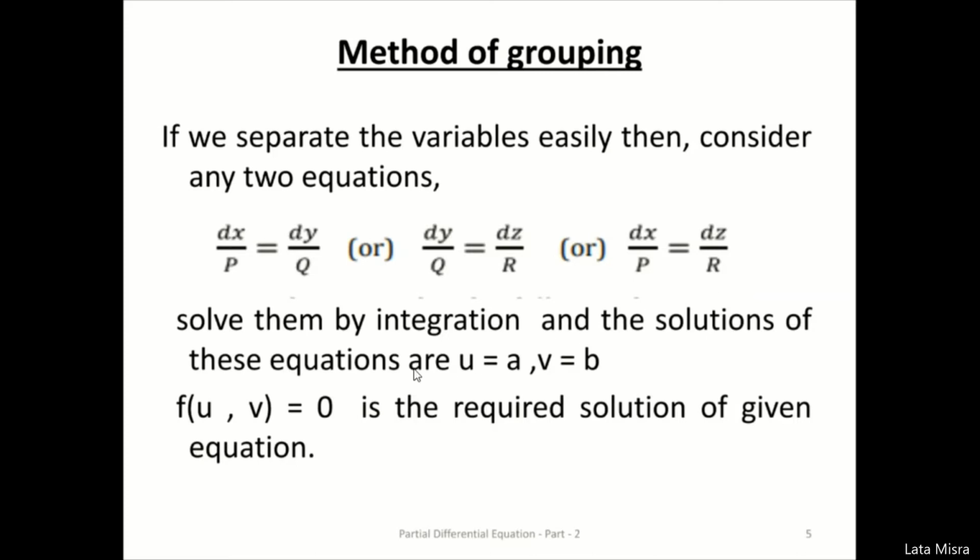We solve any two equations and find two solutions, that are u = a and v = b. And the solution of the partial differential equation is f(u, v) = 0. So this method is known as the method of grouping. So let's see the example.